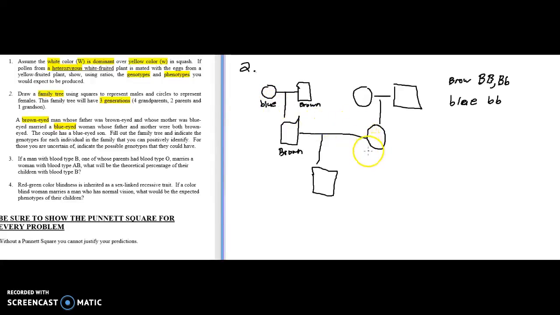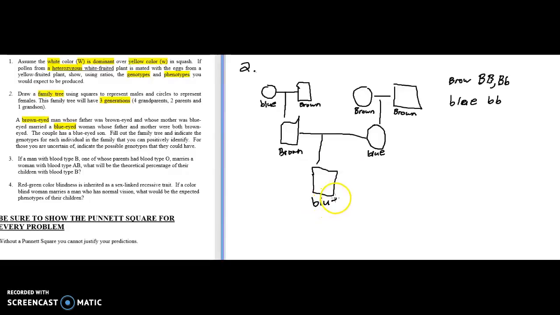The man married a blue-eyed woman, blue-eyed woman whose father and mother were both brown-eyed. So both grandparents on this side have brown eyes. They have a blue-eyed daughter. She married a brown-eyed man. His father was brown-eyed. His mother was blue-eyed. They have a blue-eyed son.